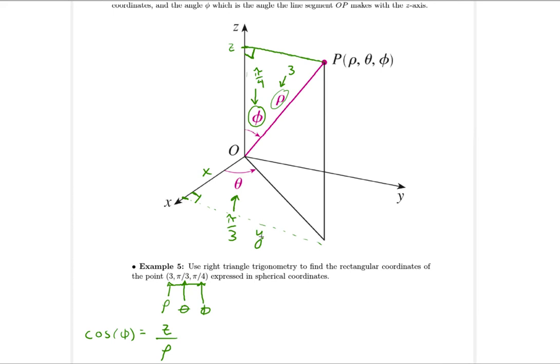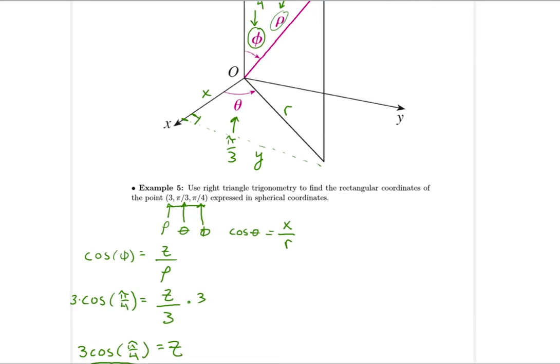On the one hand, I know that if I take x over the hypotenuse, which is r, and I'm calling it little r because that's the distance from the origin just in the xy plane, so that's just from polar coordinates or from cylindrical coordinates, then x over r is equal to the cosine of theta.